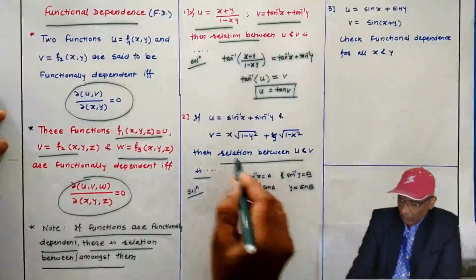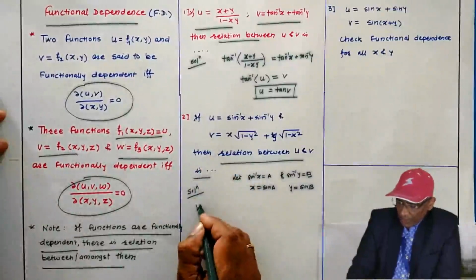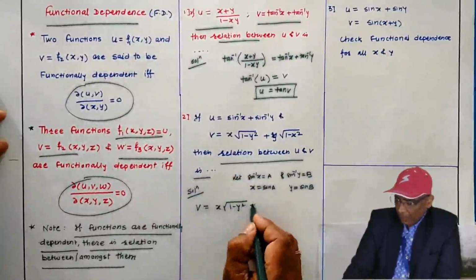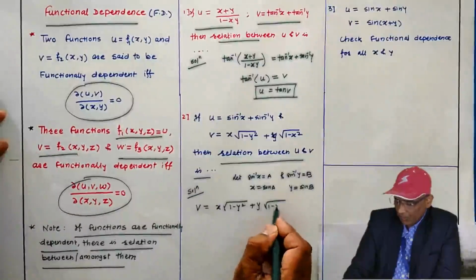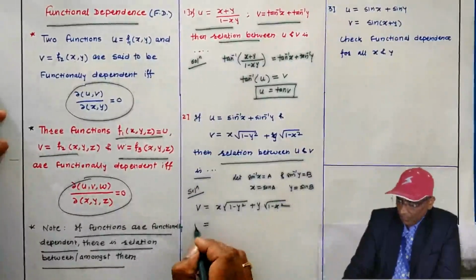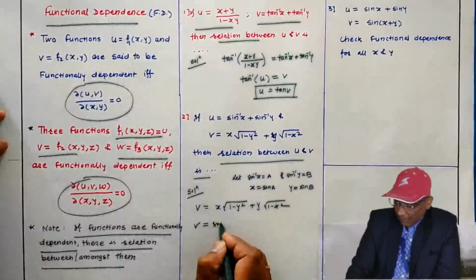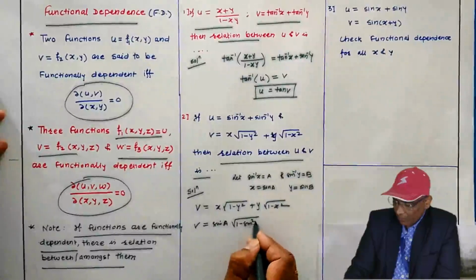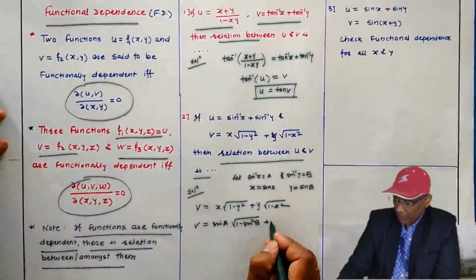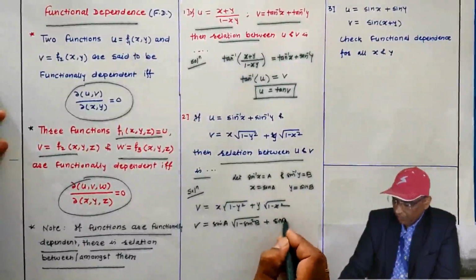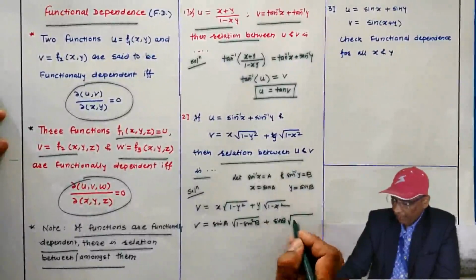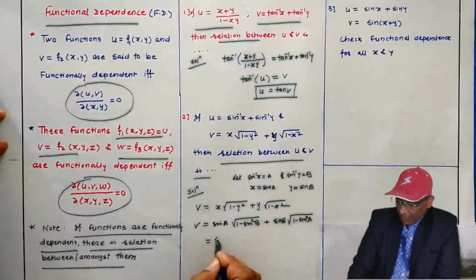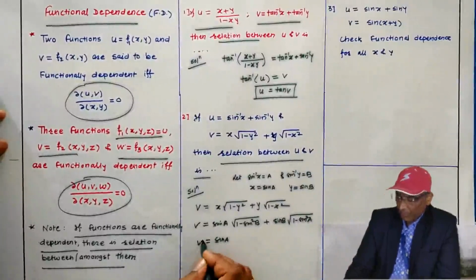Now, what is v given to you? v is given as x under root of 1 minus y square plus y under root of 1 minus x square. Now, if you put the value of x, which is sin a, and the value of y, which is sin b, then y square is sin square b, and x square is sin square a.